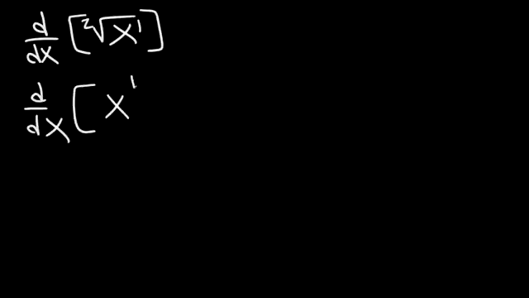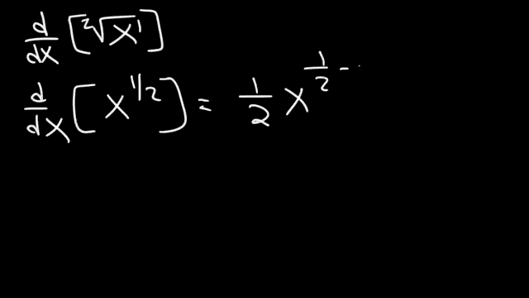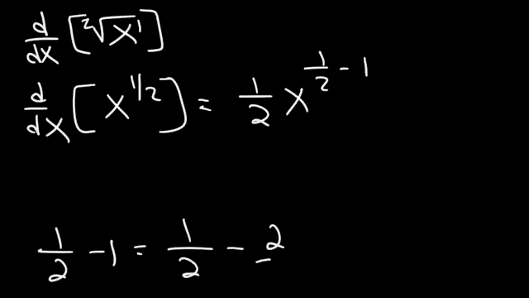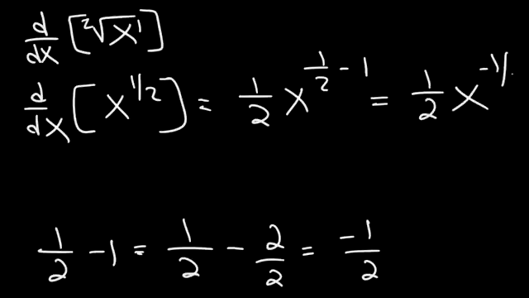It's going to be x to the 1/2. Now we can use the power rule. So it's 1/2 times x raised to the 1/2 minus 1. 1/2 minus 1 is the same as 1 over 2 minus 2 over 2. 2 divided by 2 is the same as 1. And so this becomes negative 1/2. So we get 1/2 x raised to the minus 1/2.